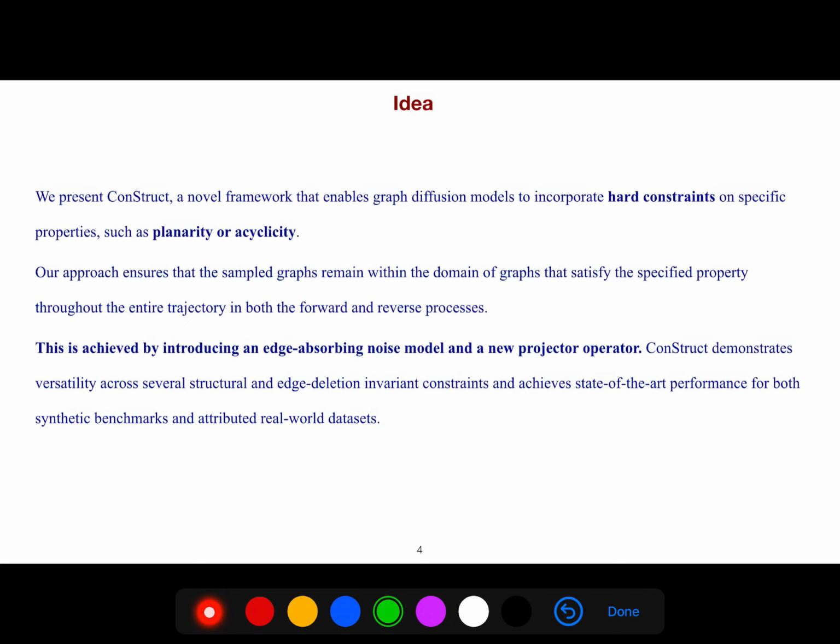So they present this constrained model, a novel framework that enables graph diffusion models to incorporate hard constraints like number of triangles in a graph that we discussed in the previous video, such as planarity, acyclicity, number of, for example, single bonds. Our approach ensures that the sampled graphs remain within the domain of graphs that satisfy the specified property throughout the entire trajectory in both the forward and reverse process.